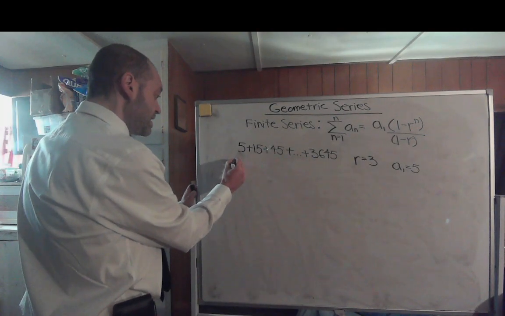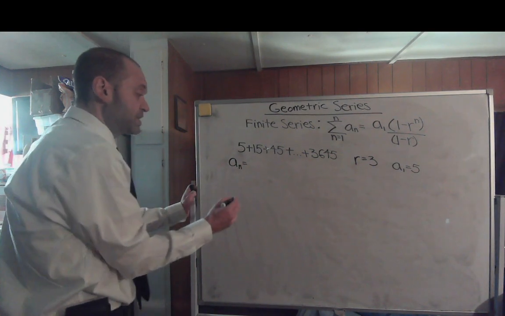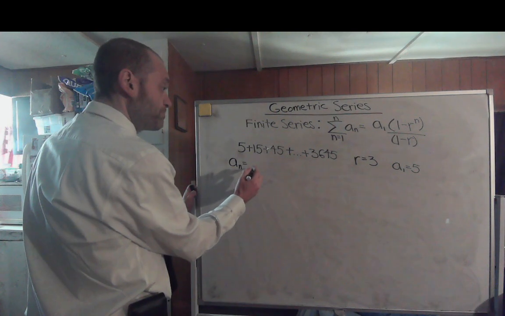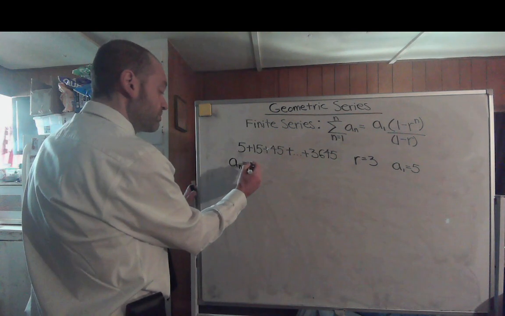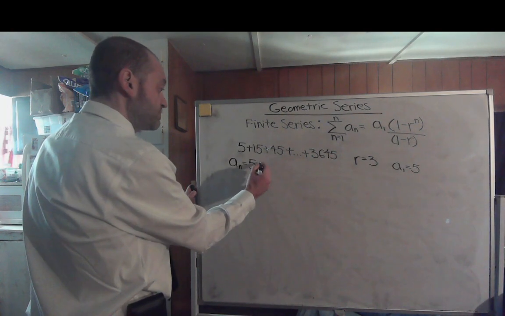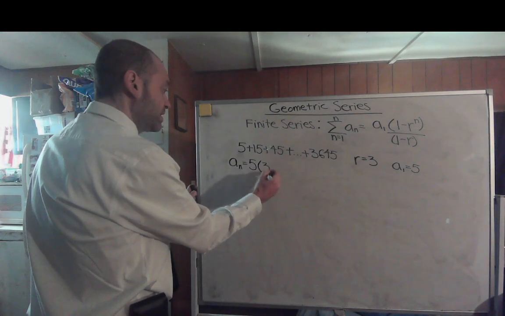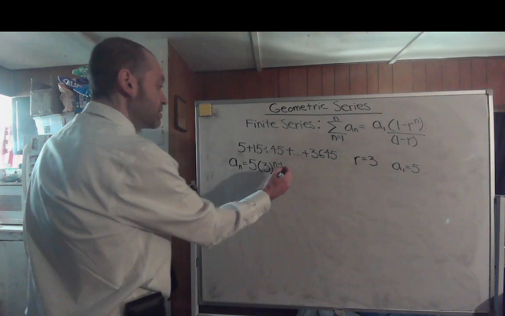So a sub n is going to be equal to that a sub 1, which is 5, times your common ratio of 3 to the n minus 1 power.